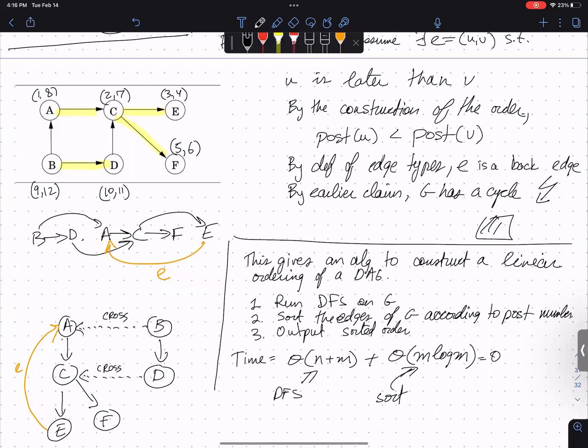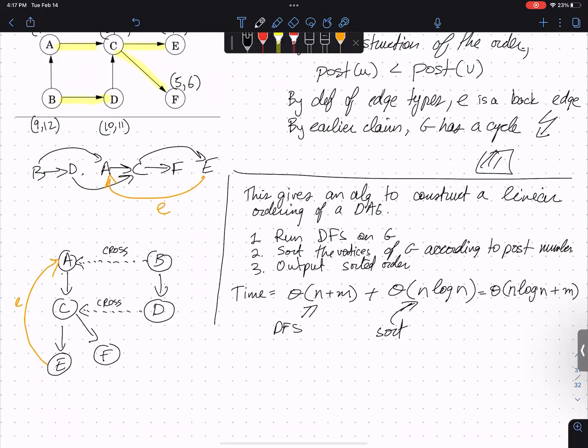Oh, excuse me, we're not sorting the edges, we're sorting the vertices according to the post number. So this is not m log m, this is n log n. And so this n log n dominates the n term, and we get n log n plus m total time.